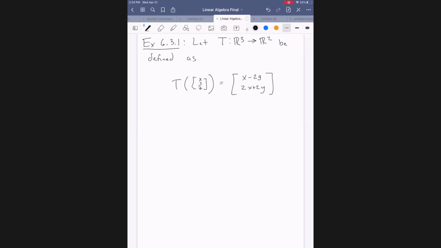Okay. Find the matrix representation. All right. So according to that theorem I just stated, what do you think you guys will do to find the matrix that does what T does?